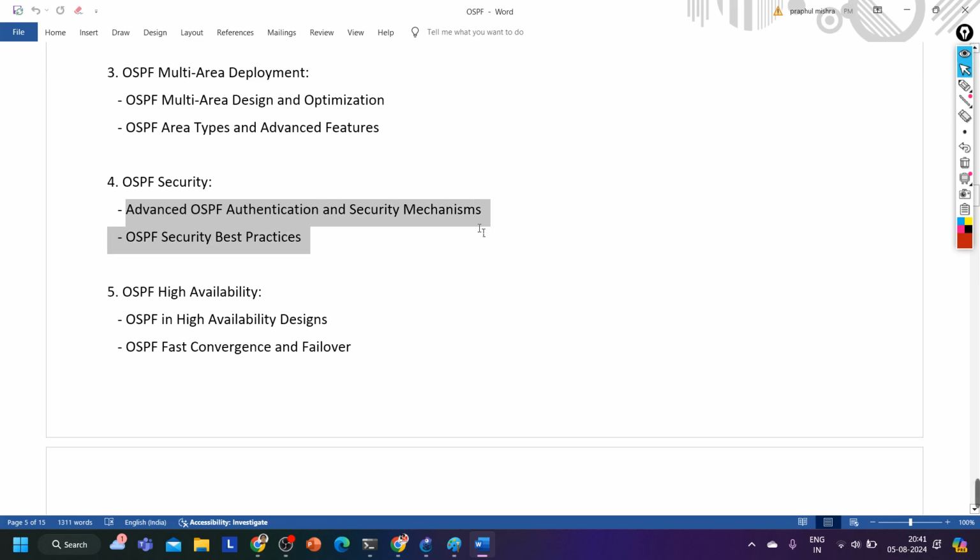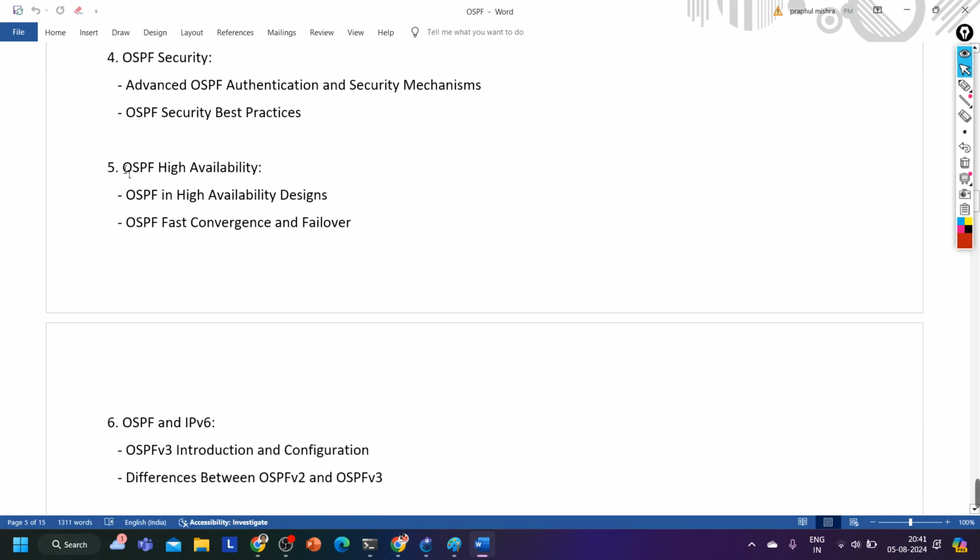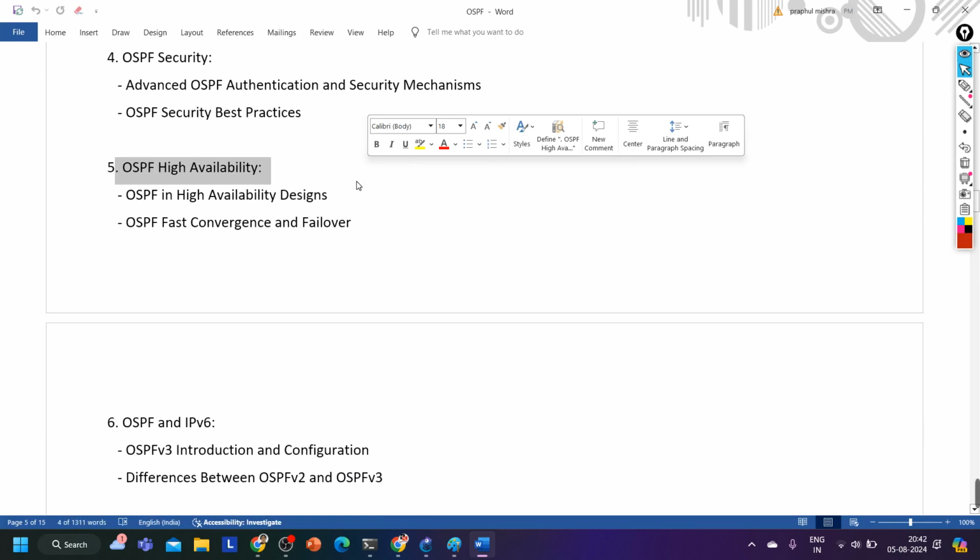Advanced OSPF authentication and security mechanisms, OSPF security best practices, then OSPF high availability, right? Redundancy. How to configure, implement and deploy OSPF for high availability, right?